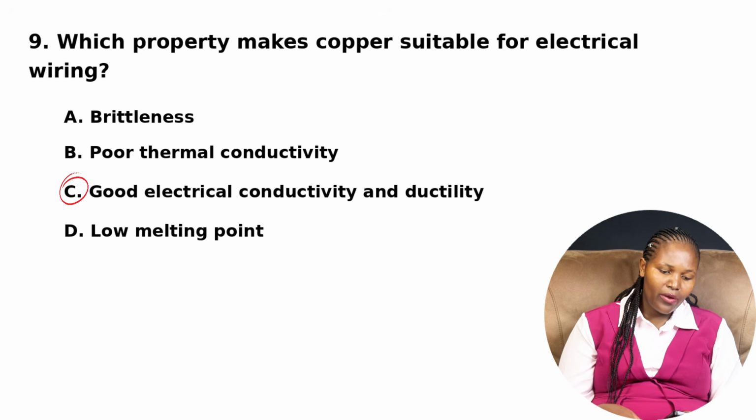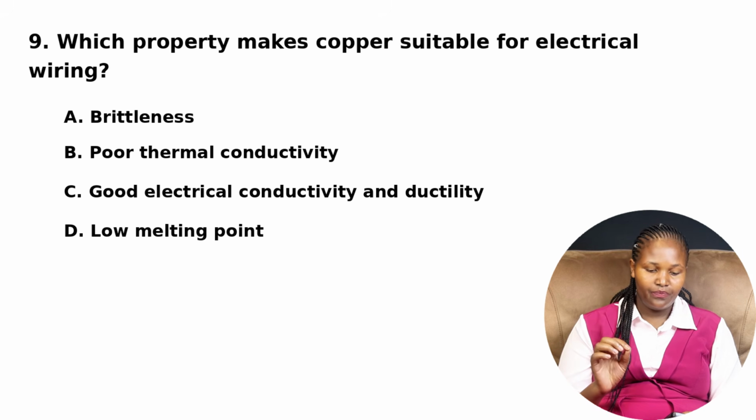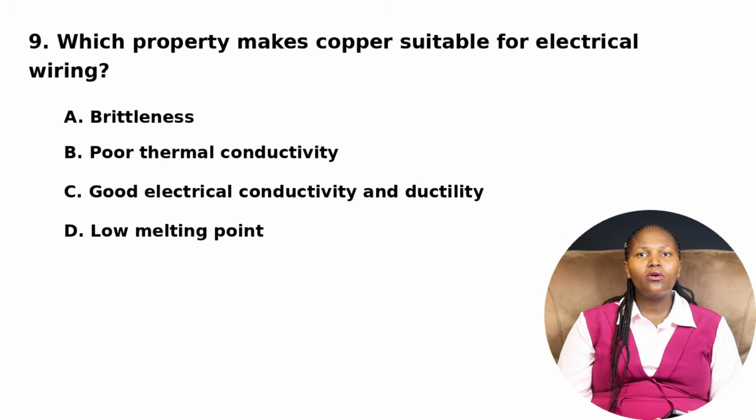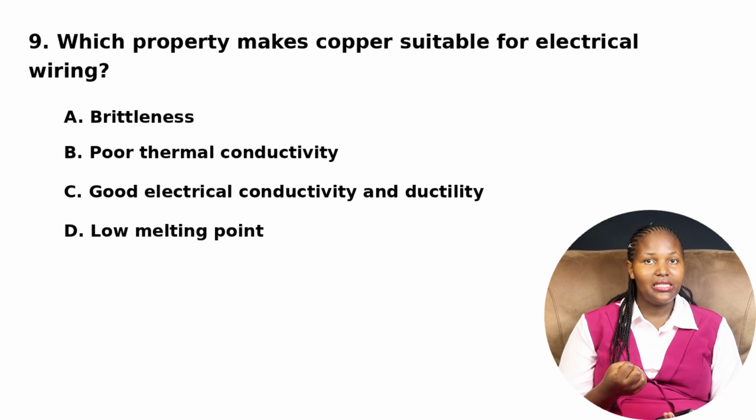When it comes to copper, I always know that it is about electrical conductivity. It has very good electrical conductivity and also ductility. So the correct option is C. Why? Because copper carries current and it can be drawn into wires. You see? So metals are useful because of conductivity, their strength, their malleability, and their ductility.